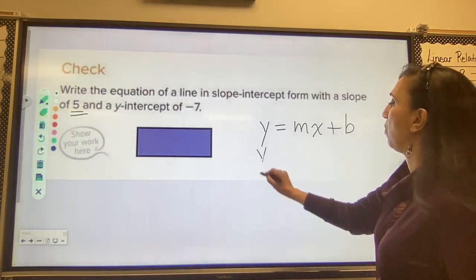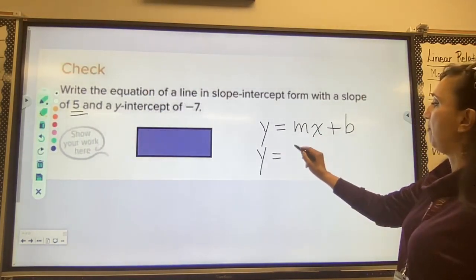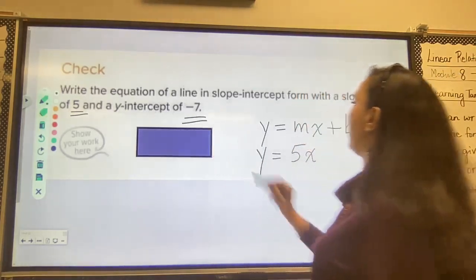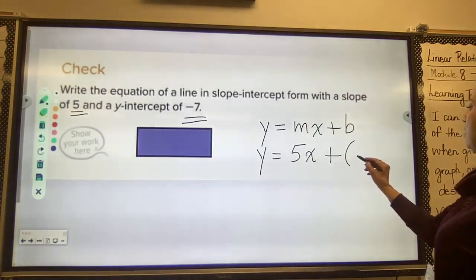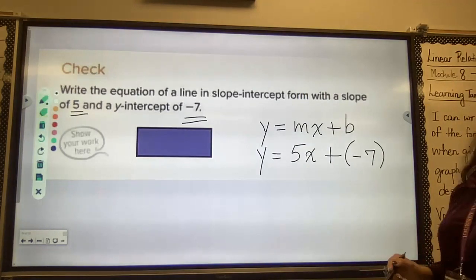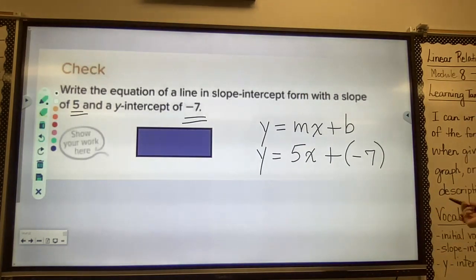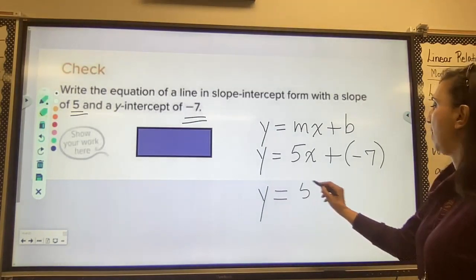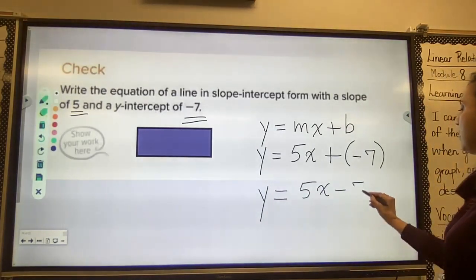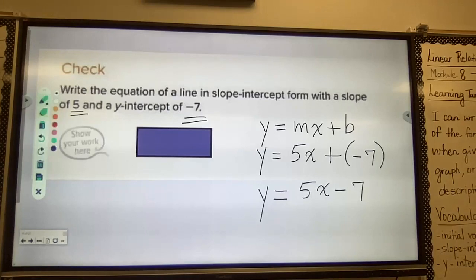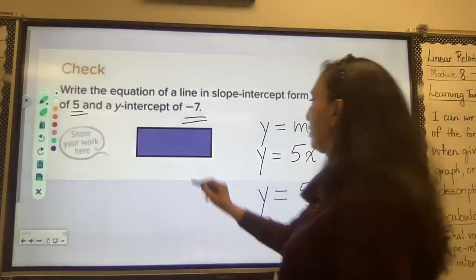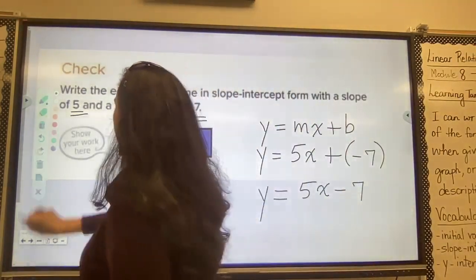So I'm going to write y is equal to, instead of m, which is slope, I'm going to write 5x. Y-intercept is negative 7. And then I am going to just put it in the simplest form. We have 5x minus 7. And there is my equation written out. Okay? So here you go.